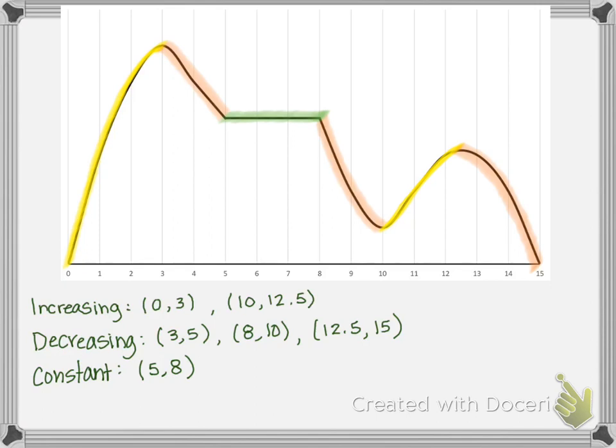So if you look at our intervals, we go from increasing to decreasing at 3, and then we go from decreasing to constant at 5, and then we go from constant to decreasing at 8, and decreasing to increasing at 10, and then back from increasing to decreasing at 12.5. So there are no gaps and there are no overlaps. And that should always be the case.